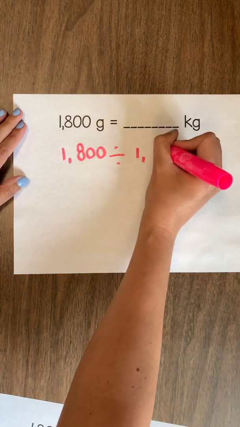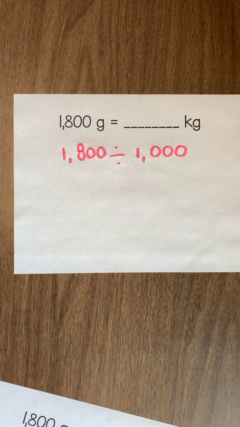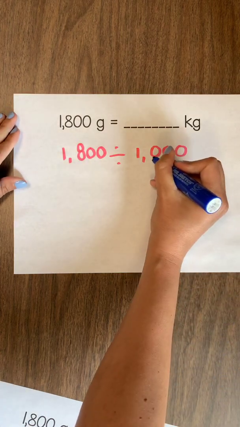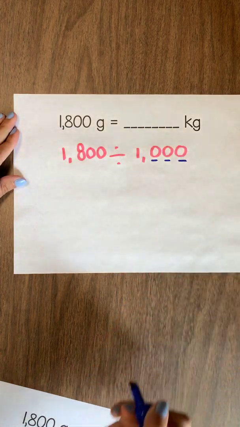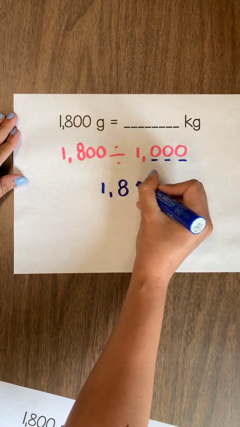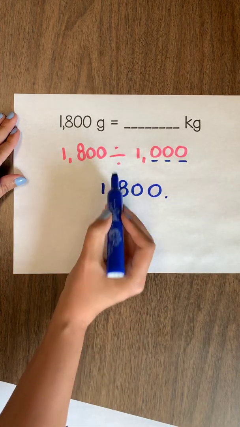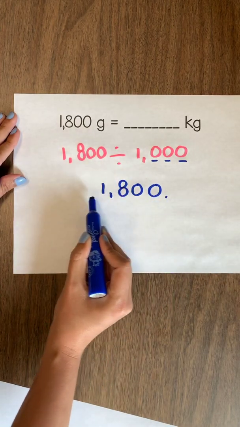So that is a large division problem. To help out, we can use the zeros trick. I will look at my divisor and count the number of zeros. 1, 2, 3. And now I know I'm just going to move the decimal point 3 different times. Remember, the decimal is always at the end. And because we're dividing, we know this is supposed to be a small number.